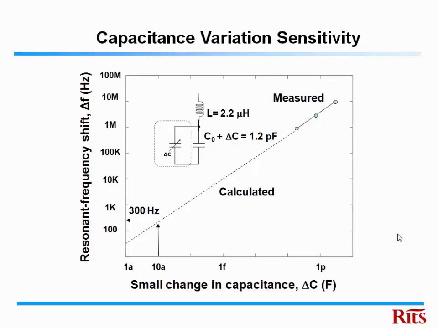Let's see, 10 attofarad is added to the base capacitance. The oscillation frequency shift is 300 Hz. In other words, if we can detect 300 Hz, we know a 10 attofarad capacitance delta. This is the sensitivity of our system, our target.